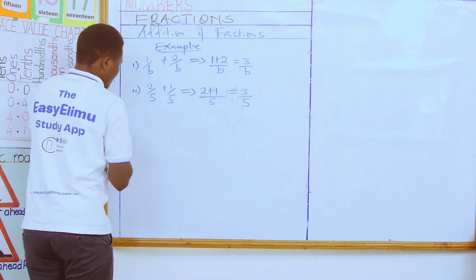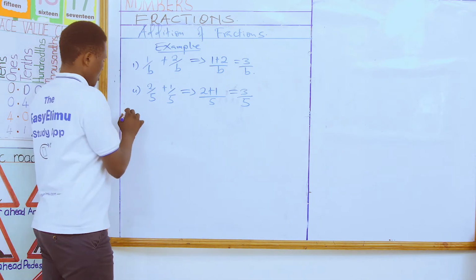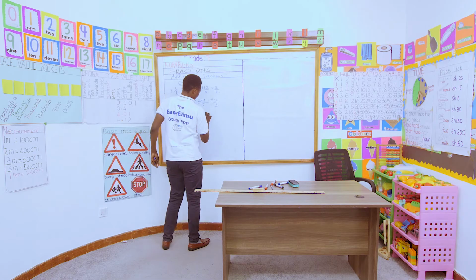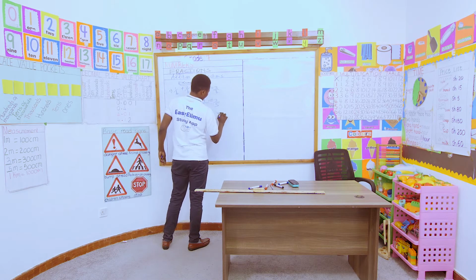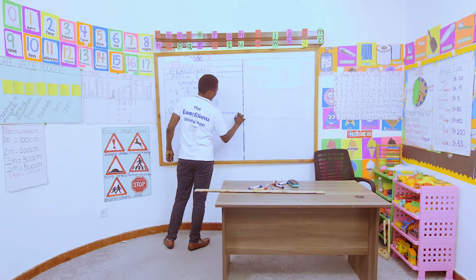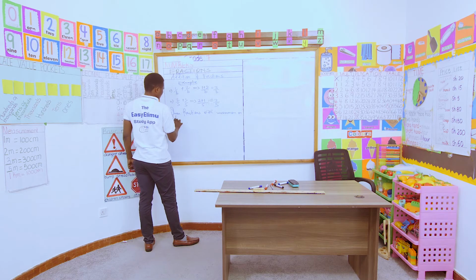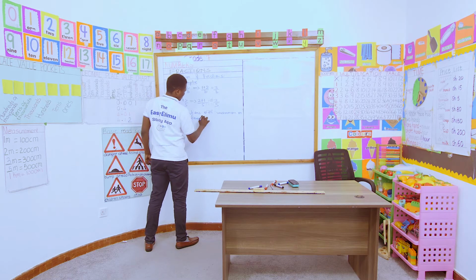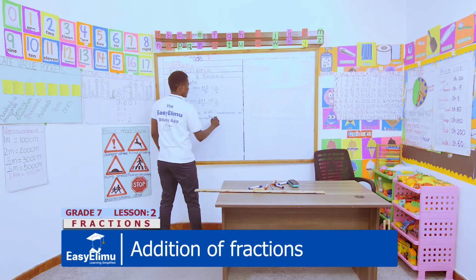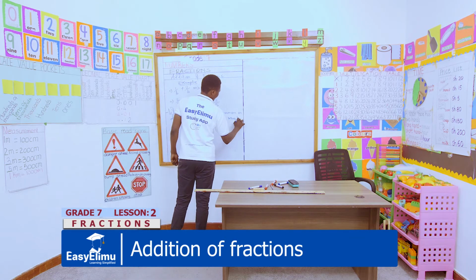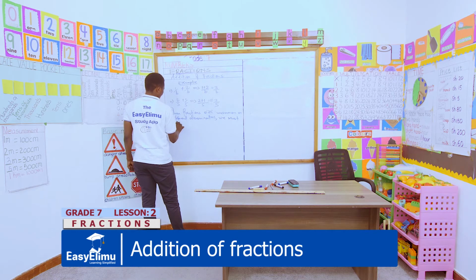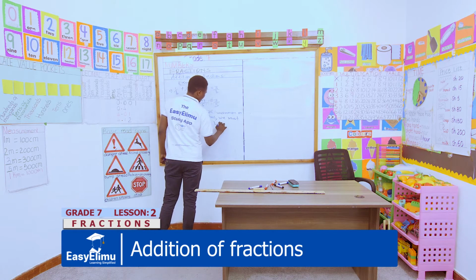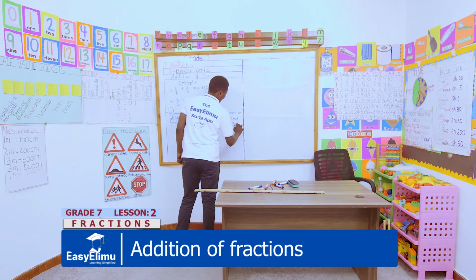So write, when adding fractions with uncommon or different denominators, we must first solve for the LCM of the denominators.